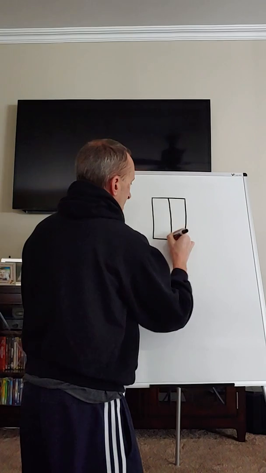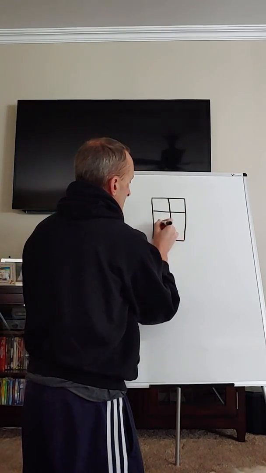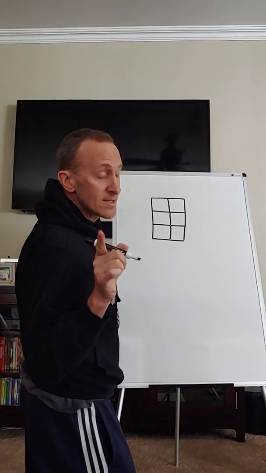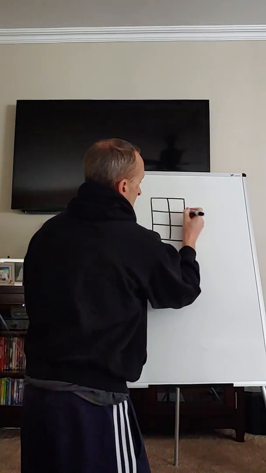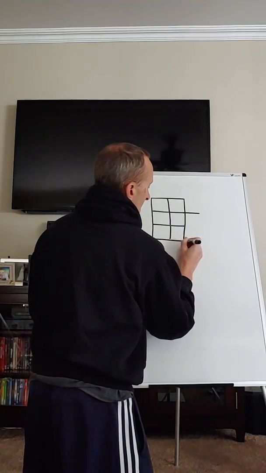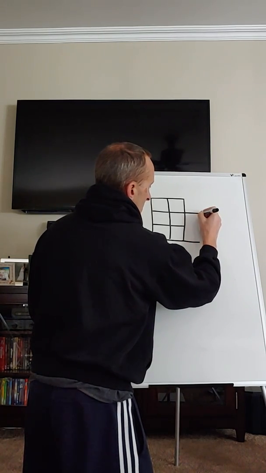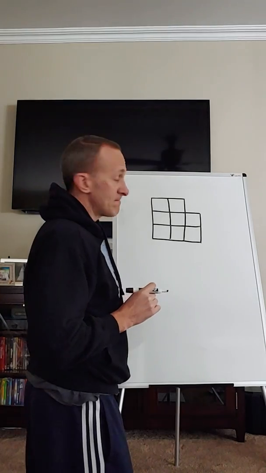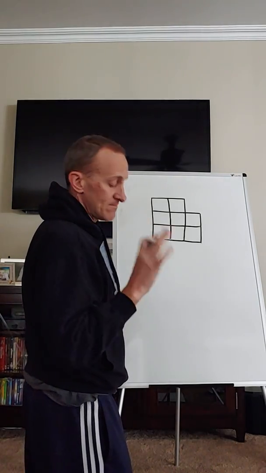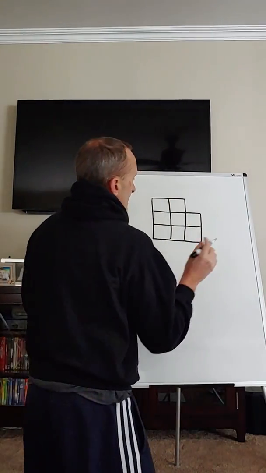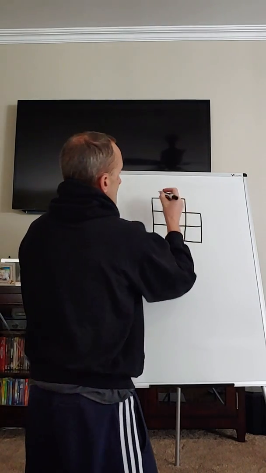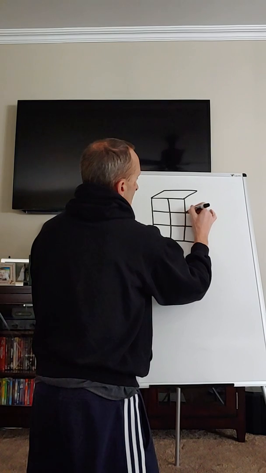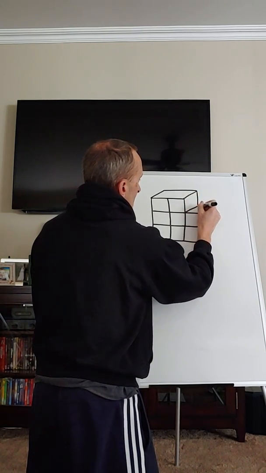Again, the cousin of volume is area. Area of this is what? 6, that's right. Now we're going to have a little offshoot. Now what's the area? 8, perfect. Now we need to make it 3D.